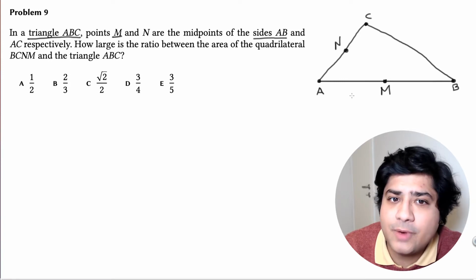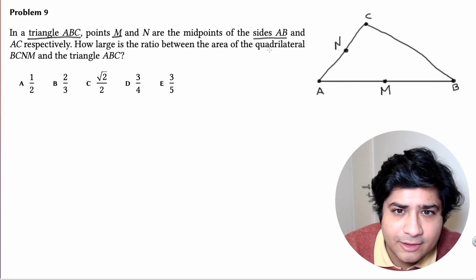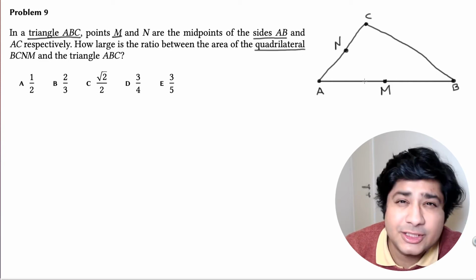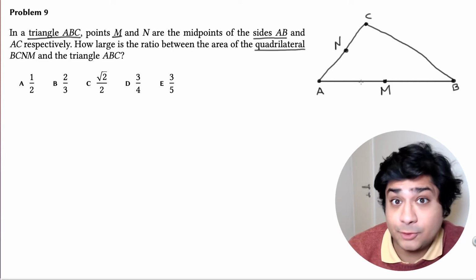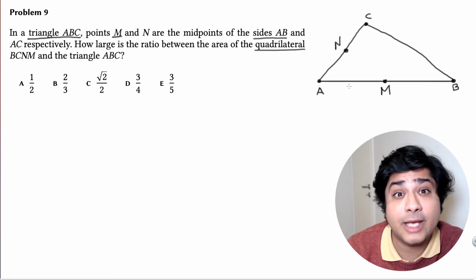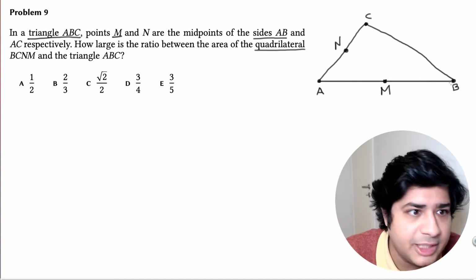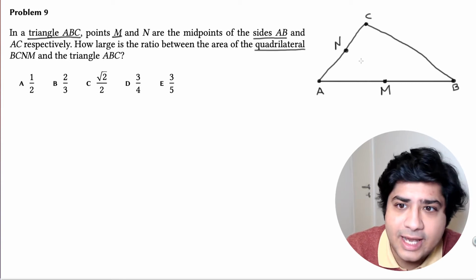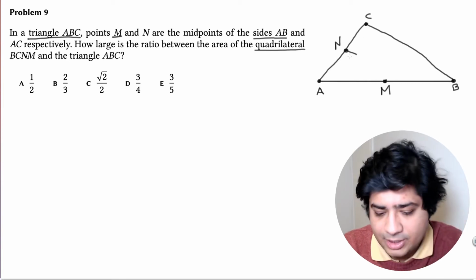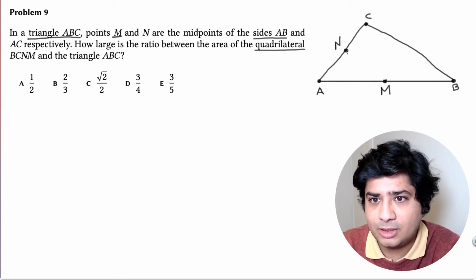How large is the ratio between the area of the quadrilateral? Now, quadrilateral, if you don't remember, that's just a shape with four sides, right? It can be a rectangle, can be a square, but it can also be any other shape. So B, C, N, and M. So that means that I gotta make a line here, like so.